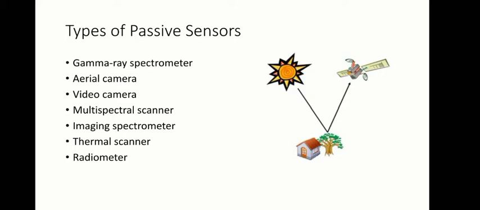What are the types of passive sensors? Passive sensors come in a variety of types. As you can see, some of the names are gamma ray spectrometer, aerial camera, video camera, multispectral camera, imaging spectroscopy, thermal scanner, and radiometer.